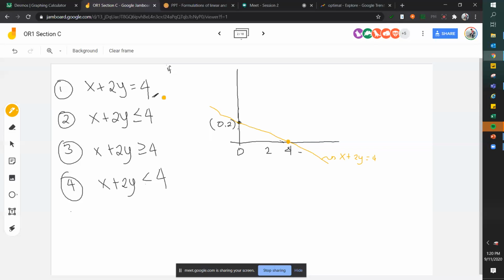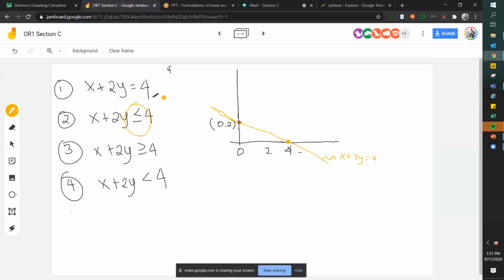Equation 2 tayo. Paano natin mai-represent? Same lang din naman, di ba? Yung sign lang yung nag-iba, which is less than or equal. Anong itsura ng less than or equal? Ito rin yung kanyang curve or yung kanyang line. Paano natin mare-represent yung sign na yun?